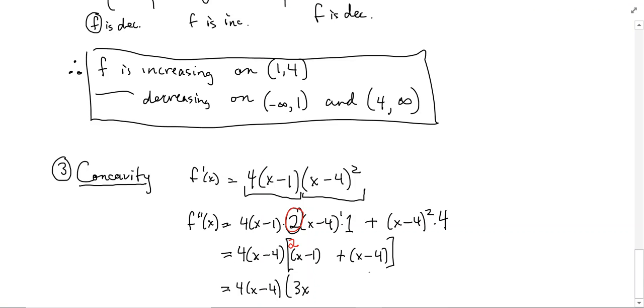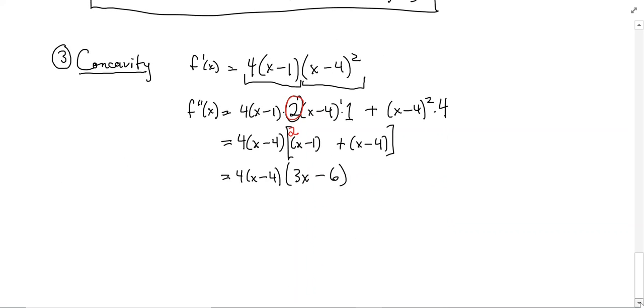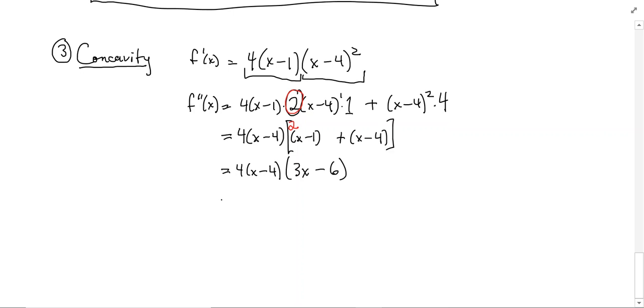So we have negative 2 minus 4, which is minus 6 overall. Okay, so that cleans things up a little. And now we can factor out a 3 from that last factor and get 12 overall times x minus 4 times x minus 2. Okay, double check me on that.